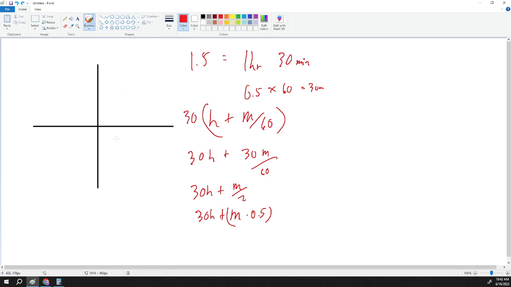But we still have 30 minutes. 30 over 60, sorry, 30 times 0.5. That would have been 15. So that's another 15 degrees. So this is 15. This here is 270.